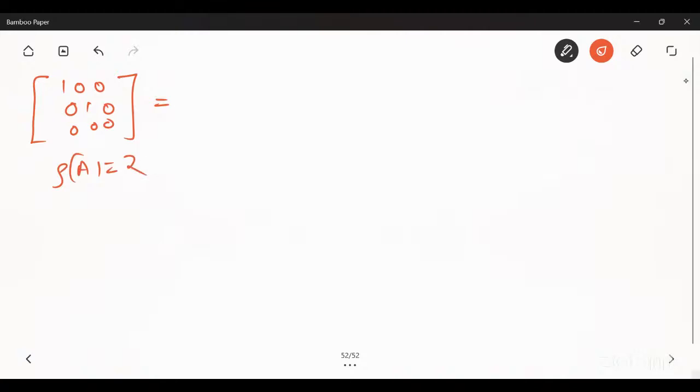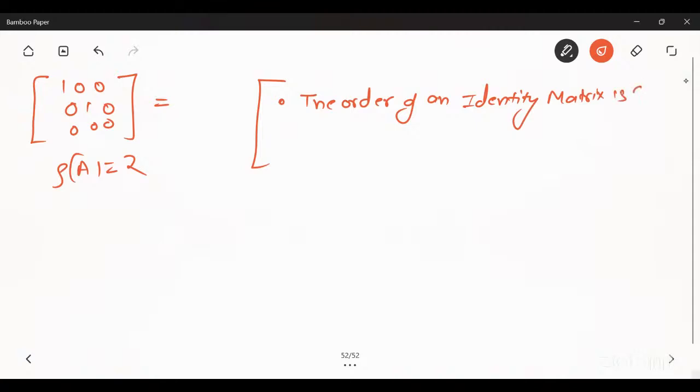So generally, the important point here is that the order of an identity matrix is the rank of the identity matrix. That is an important theorem.